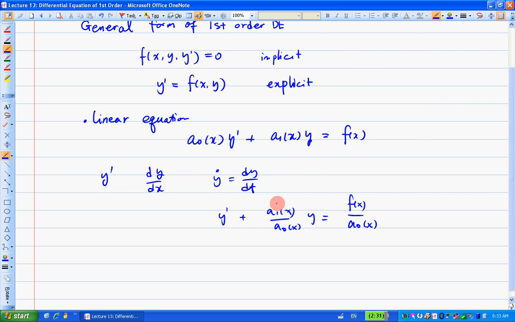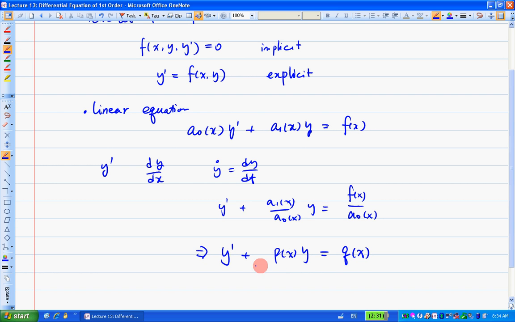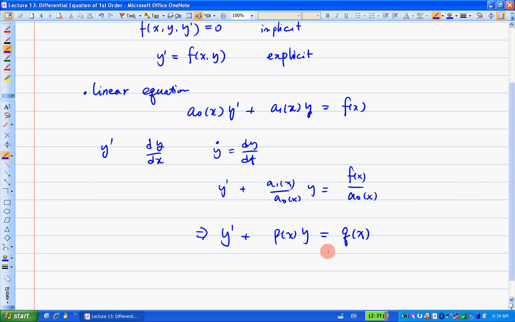As you can see, the coefficient in front of the y I can define as another function, p(x), and the right side as q(x). So this is another way of writing this linear first order ODE.